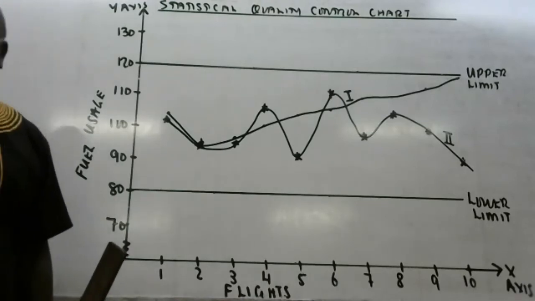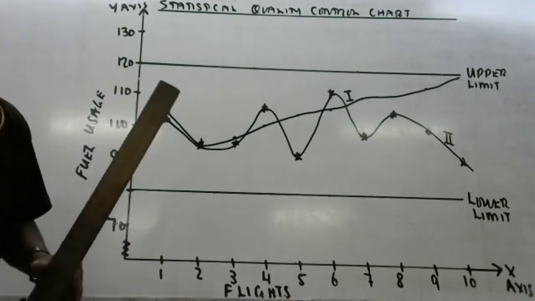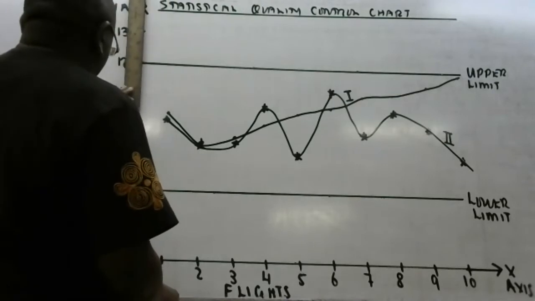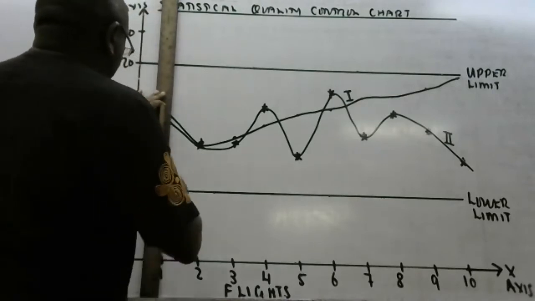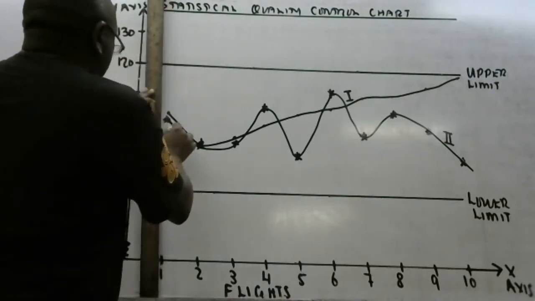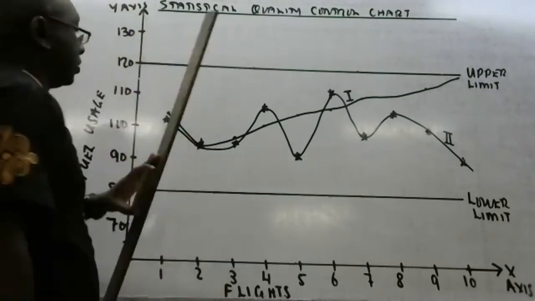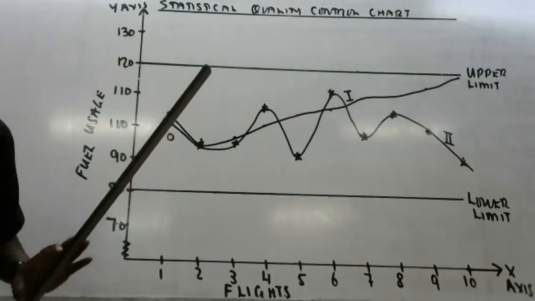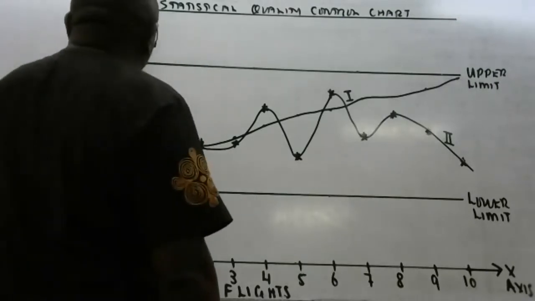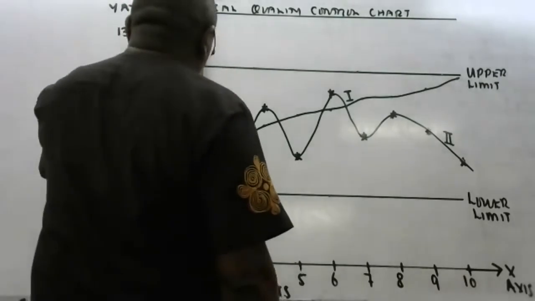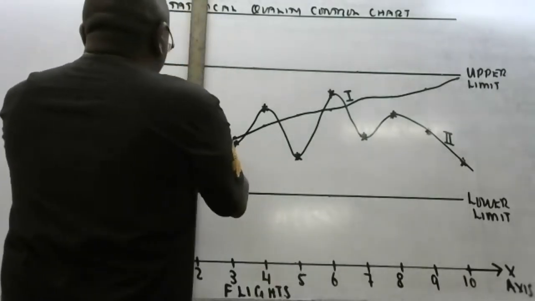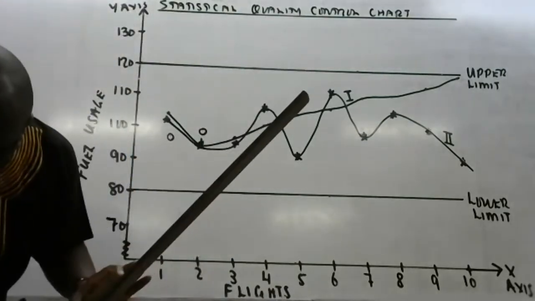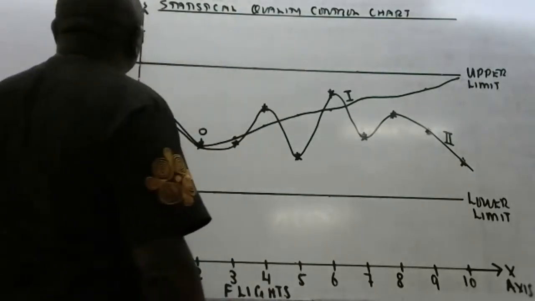Huyo mwingine is skyline 3 inaanzia 97. So 90 iko hapa. So 97 is somewhere here. Now I can use small circles. Nienda kwa 104. 50. So 104 is somewhere here. Huyo mwingine ni 111.